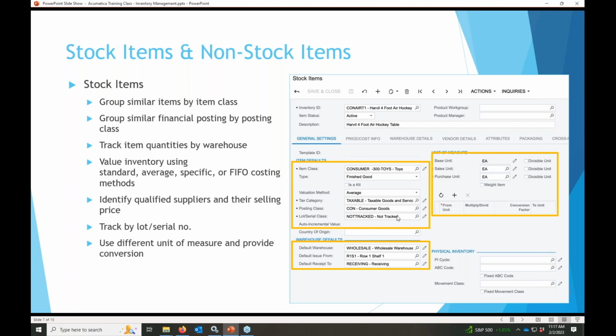So other defaults that pick up will be the warehouse defaults that you could put here. So in this particular case, the default warehouse is wholesale. It's an issue from row 1, shelf 1, and a default receipt to the receiving location. And over here, we've got our default units of measure. In this case, this air hockey table is a base unit of each, and sales unit and purchasing units are sold each.